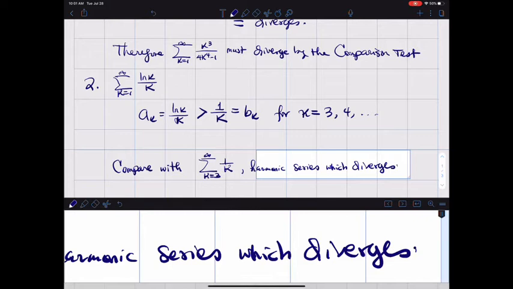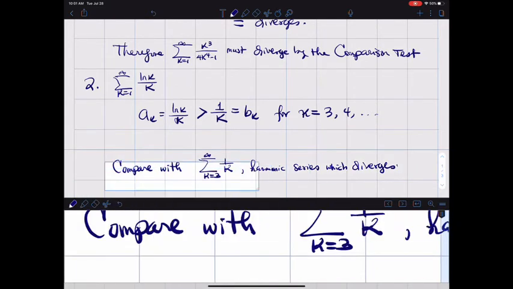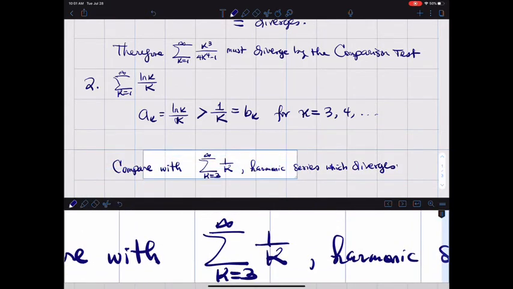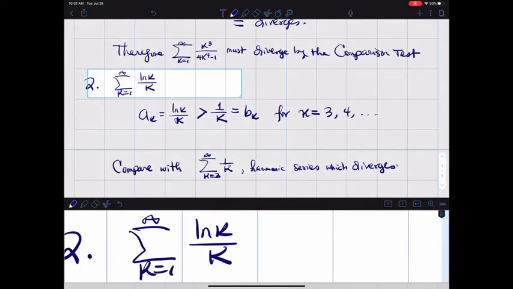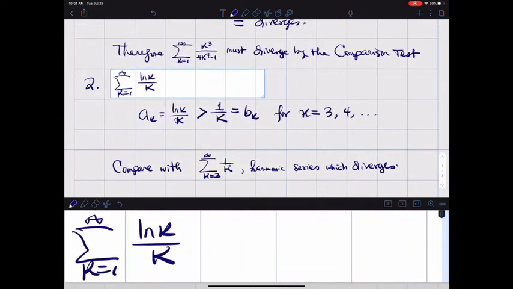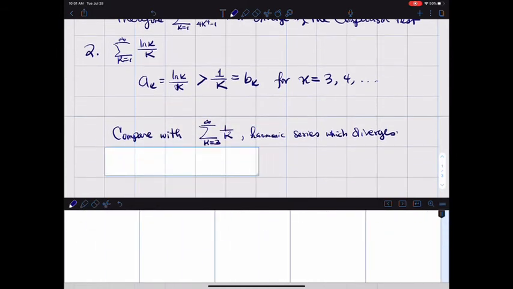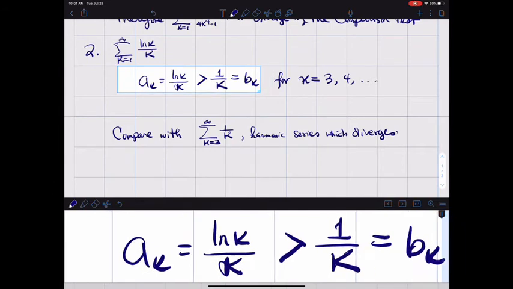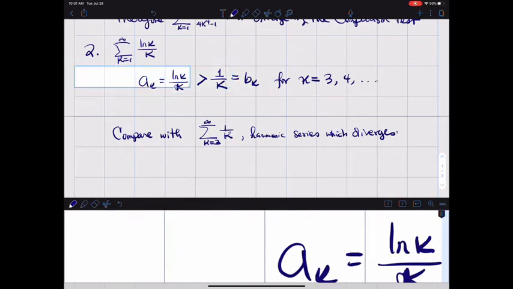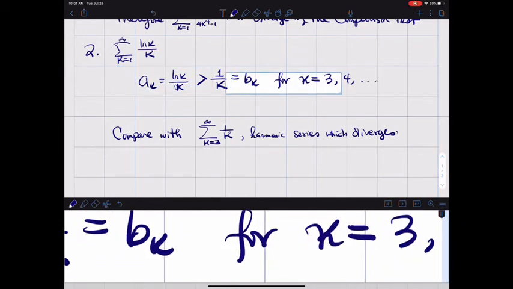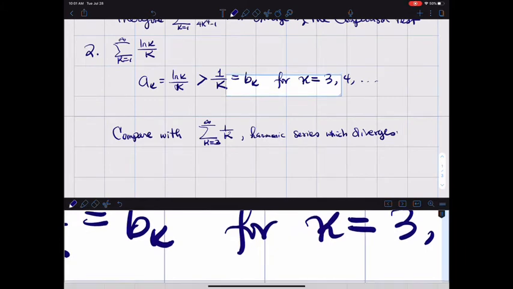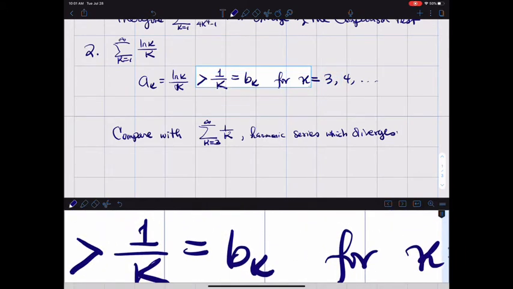So what am I saying? I'm saying that we worked from 3 and above, but it's good enough, even though our original series starts from 1 and above. So the harmonic series diverges. We have a series a_k which is larger than b_k, but b_k, which is a smaller series, diverges.